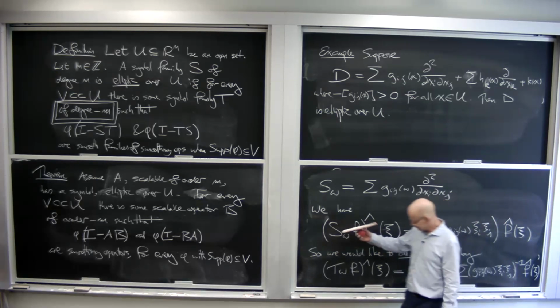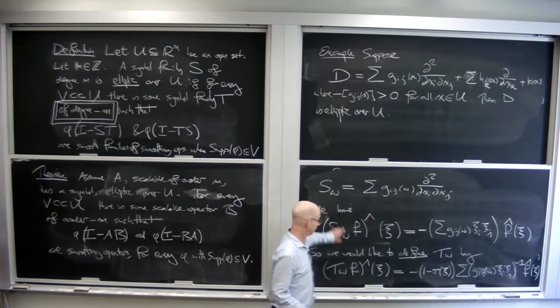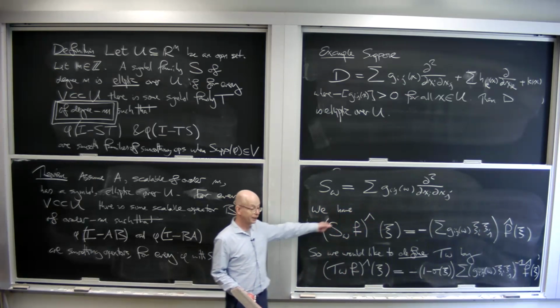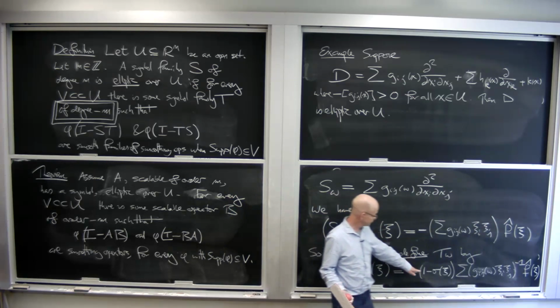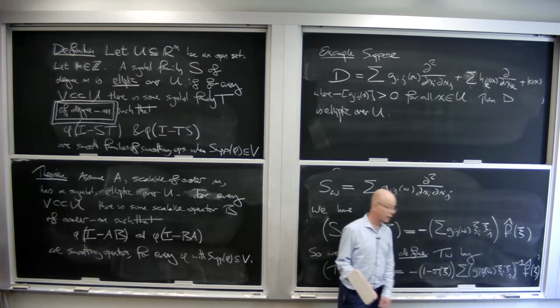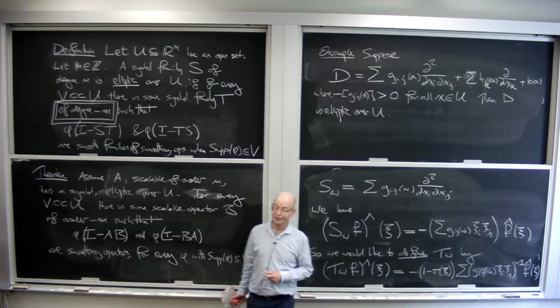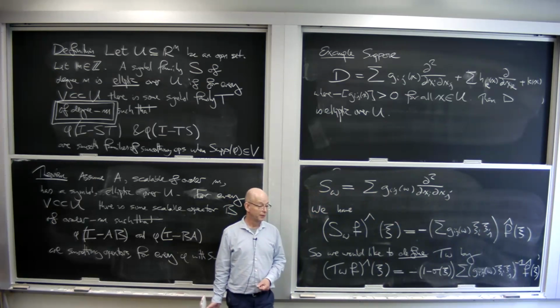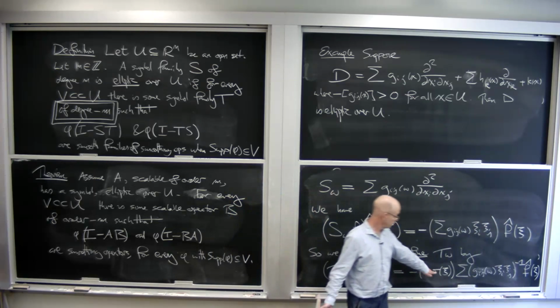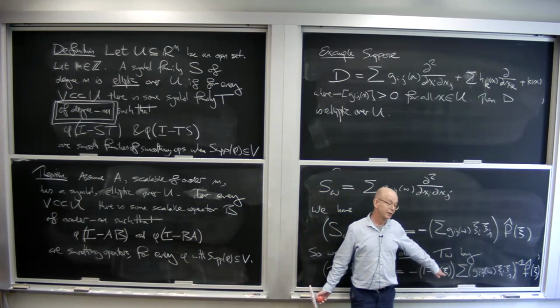If you compose S with T in either direction, well, they commute with one another. What you get is, well, not the identity, you get multiplication by 1 minus xi, which differs from the identity, multiplication by 1, by multiplication by the compactly supported function xi.